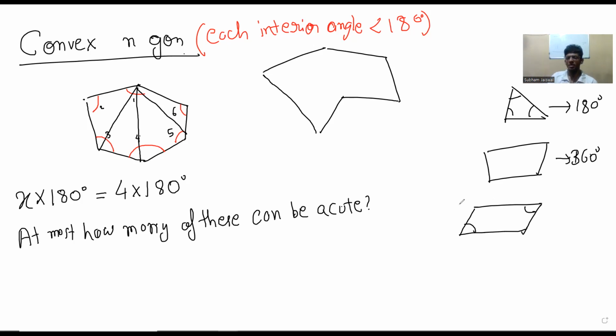So what happens if 3 of them are acute? It just looks impossible, right? How do you prove that 3 of them cannot be acute?